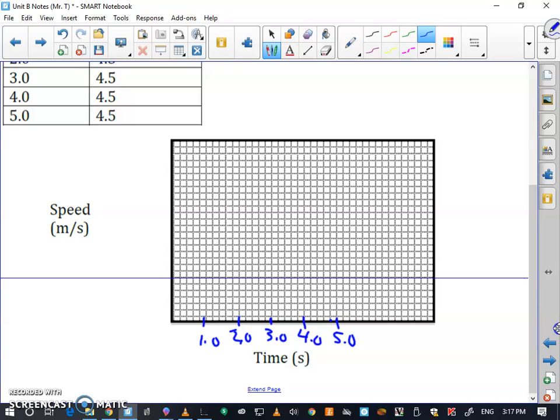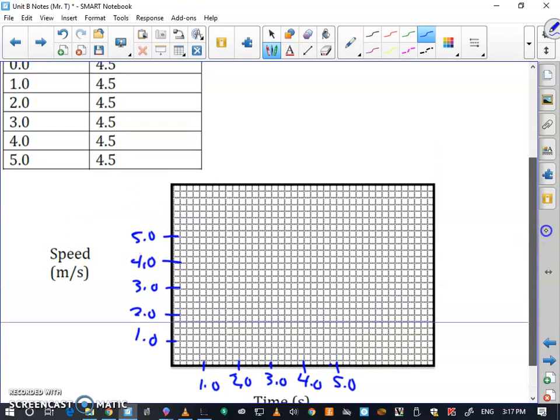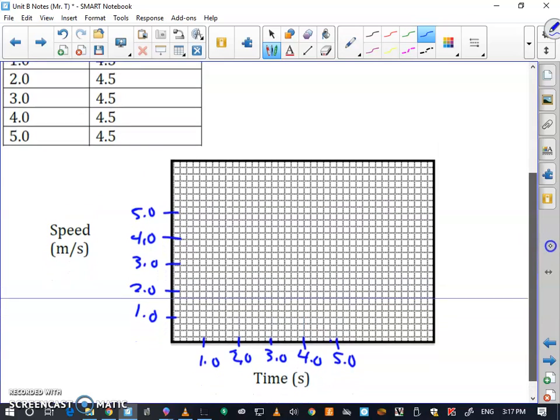So graphing this, I'm just going to kind of get my scale set up for the 5 seconds here. I might just go by 4s for simplicity. So I've got 1, 2, 3, 4, and 5. Now we're moving at 4.5 for all the given time there. So we're looking at from 0 to 5 seconds at 4.5.